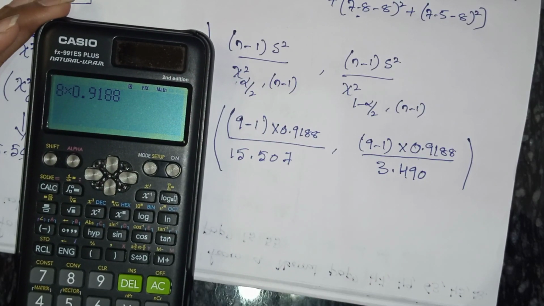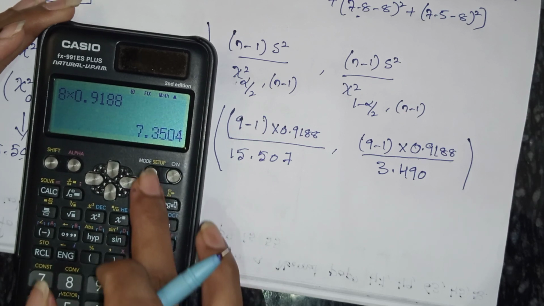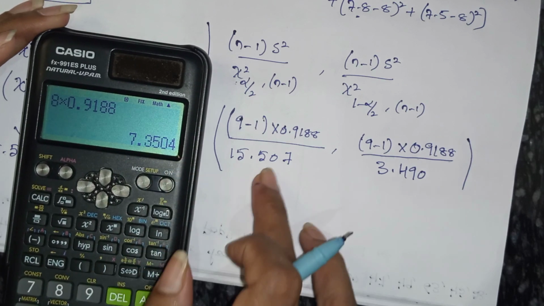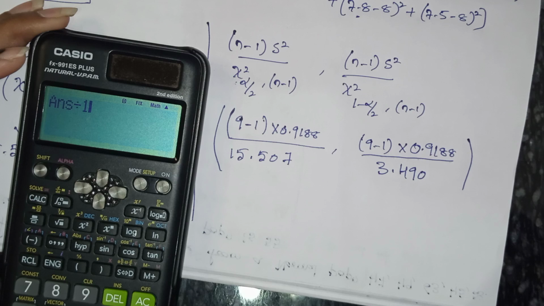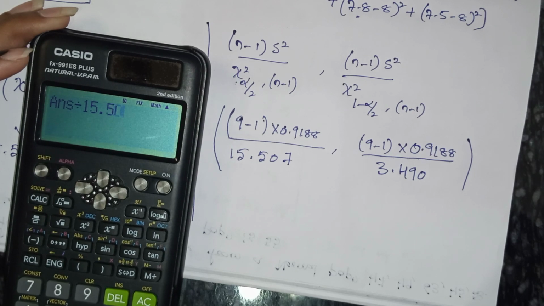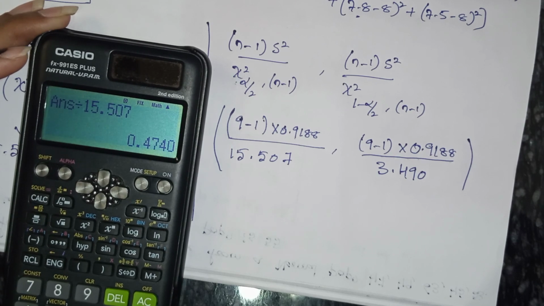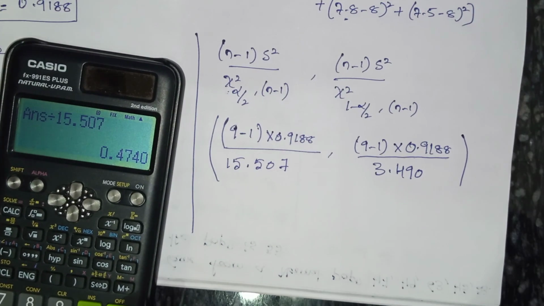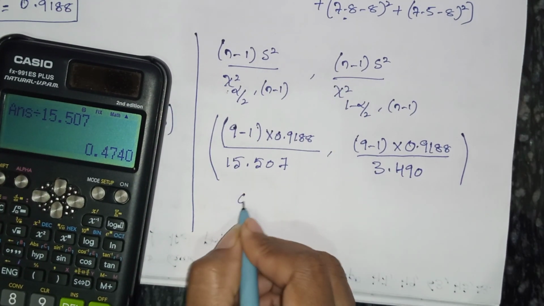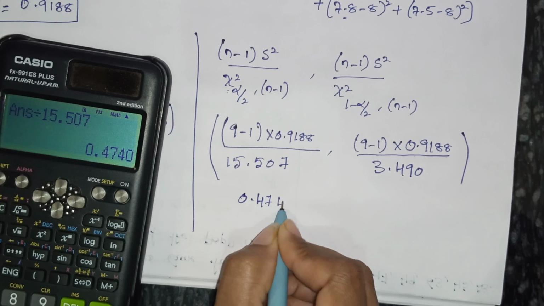0.9188 equals to how much? 7.3504 divided by 15.507 equals to how much? 0.4740.